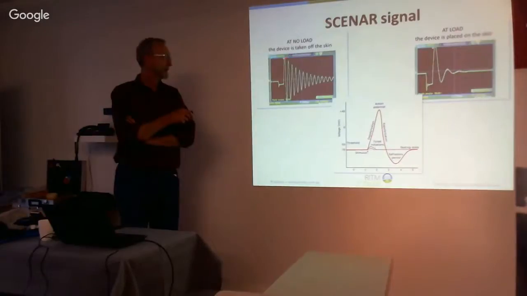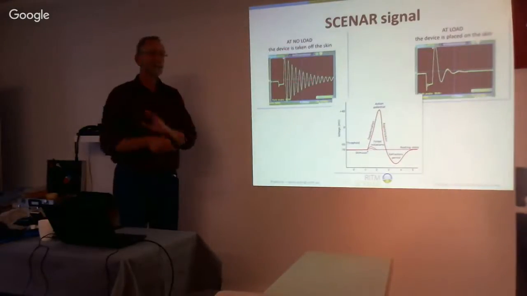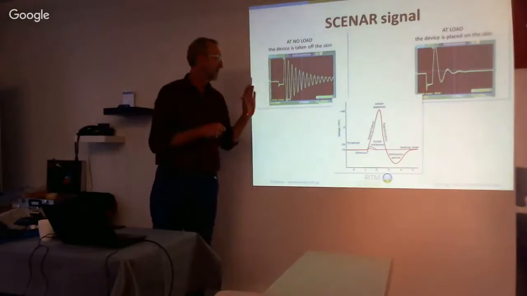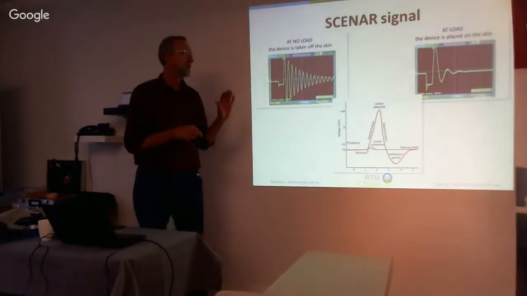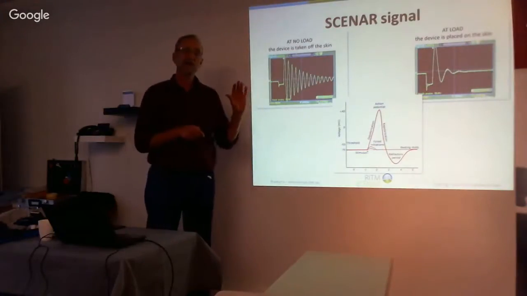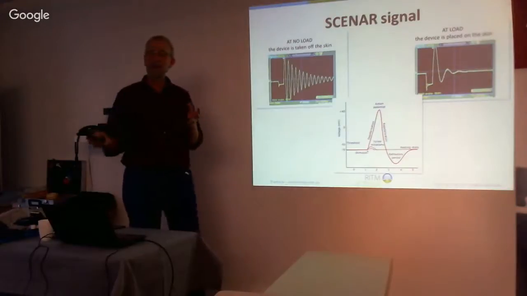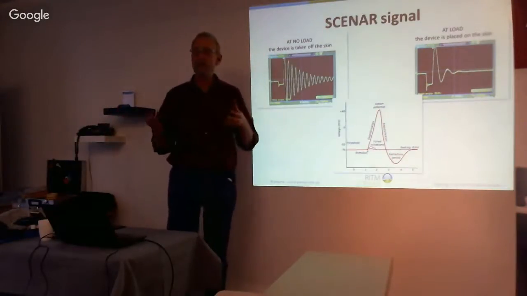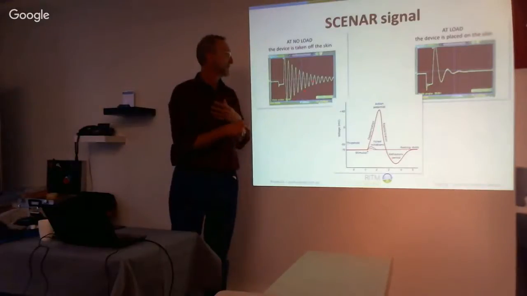And this is what it looks like when it comes out of the machine when there is no skin contact. But the very moment you put the machine with that setting onto the skin, the biofeed mechanism is happening, which means the signal gets changed automatically.